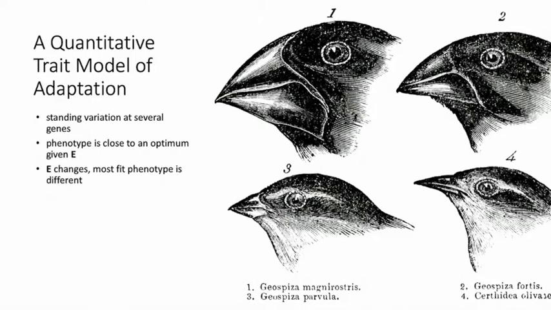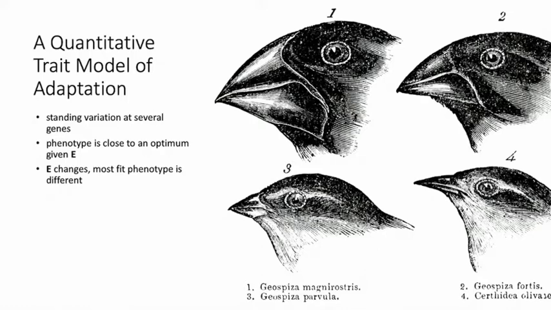But anyway, that's pretty clear from the work of the Grants and, of course, Darwin's initial observations that when we talk about evolution, we probably think the variation in these beak sizes, and there's a lot of evidence of that, is due to several genes. And the other part of the model that's sort of a little secret is that we tend to think that maybe these characters, these quantitative traits, are sitting fairly close to a phenotypic optimum.